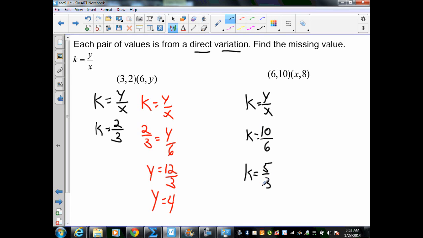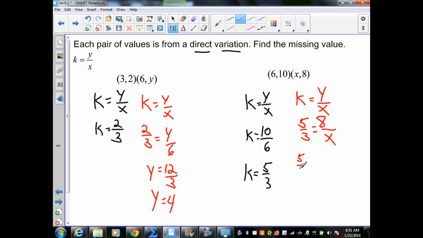Then I can use that in my next ordered pair. K equals y over x. K is 5/3. X is unknown, so it is x. And y is 8. Then I can multiply both sides by x.